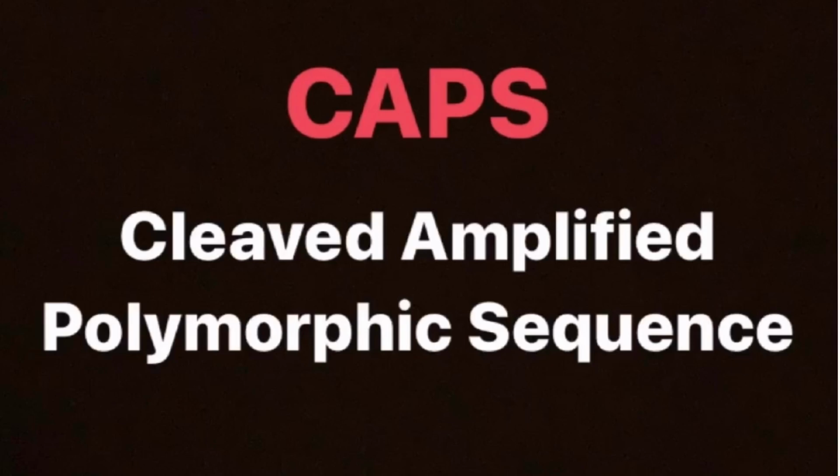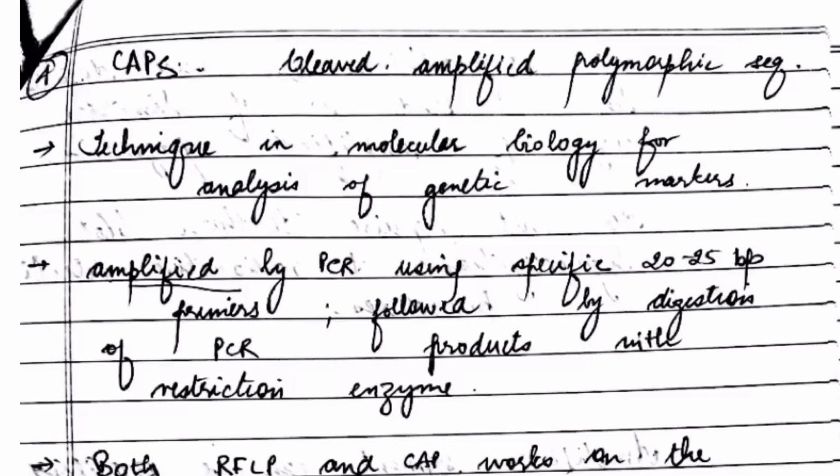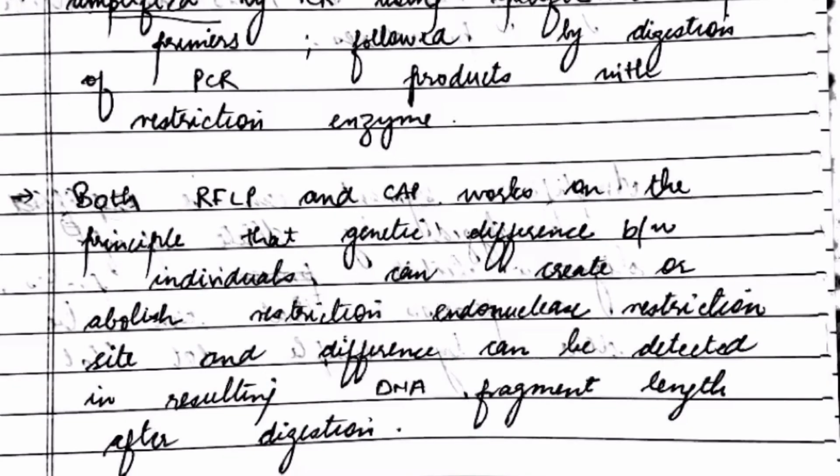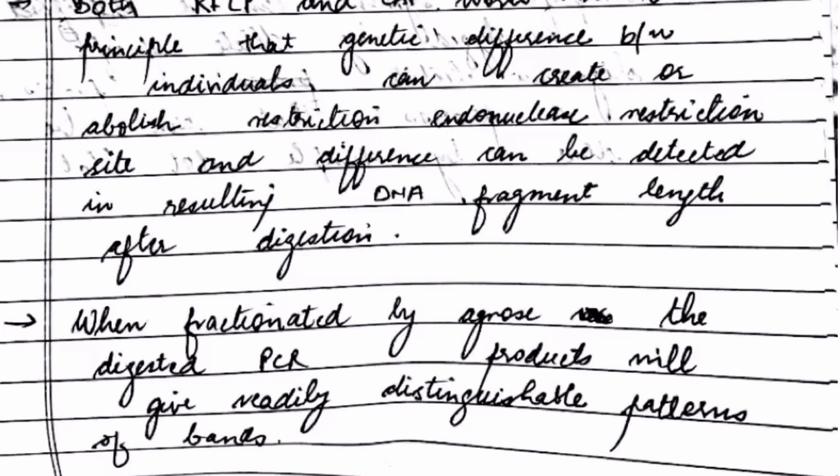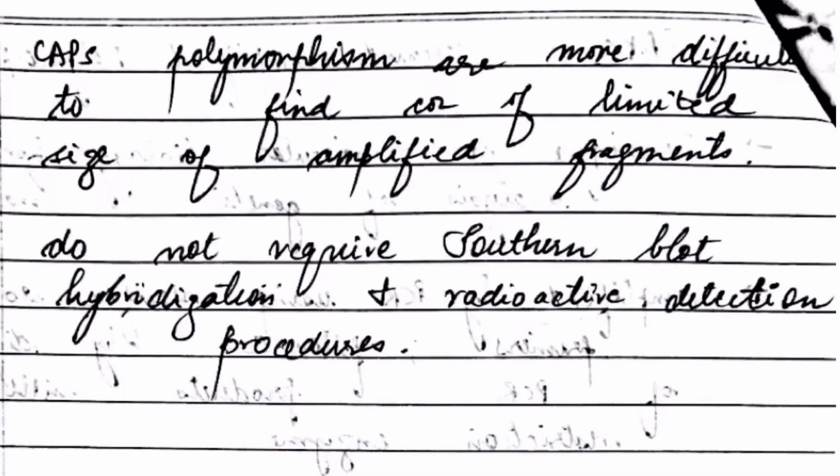It is a technique in molecular biology for analysis of genetic markers. They are amplified by PCR using specific 20 to 25 base pair primers, followed by digestion of the PCR products with restriction enzyme. Both RFLP and CAPS work on the principle that genetic difference between individuals can create or restrict an endonuclease restriction site, and the difference can be detected in resulting DNA fragment length after digestion.